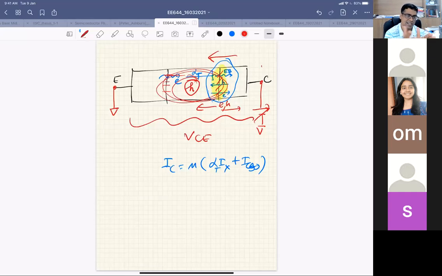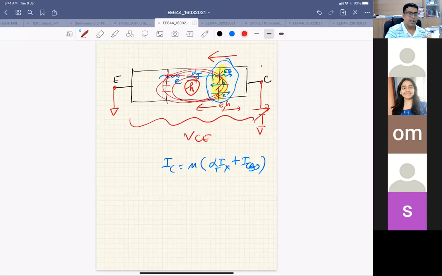See, if you look at the steady state process, holes are continuously coming from the collector base junction, right? In the steady state, your base will be at some potential, right? So that potential will go on increasing. Holes are being injected to the base, they are collected and they are drained away with time, right?